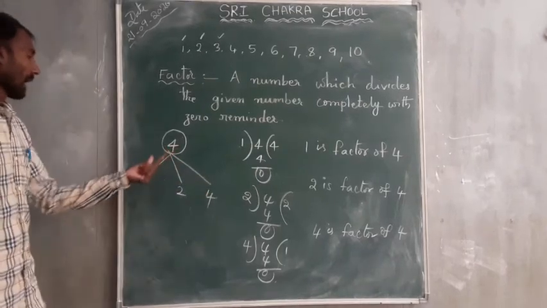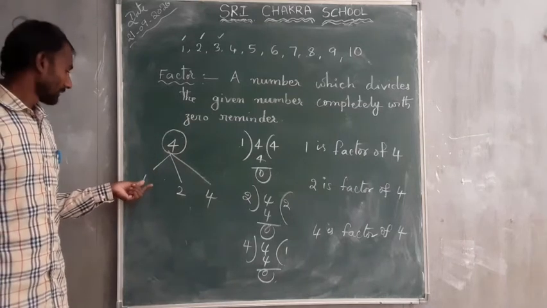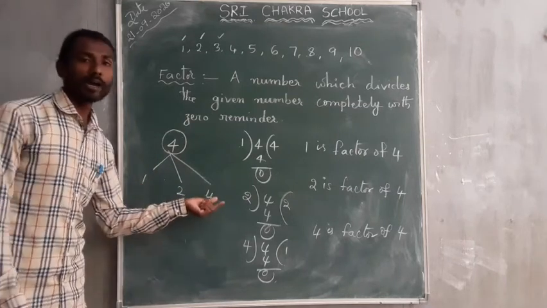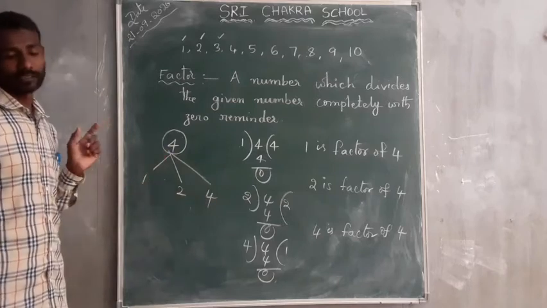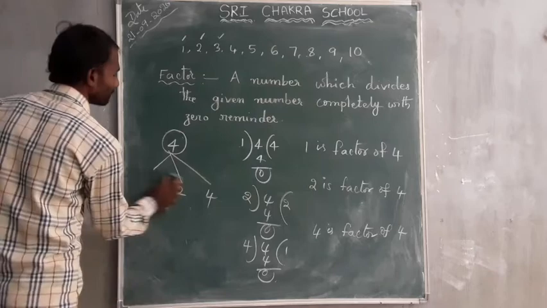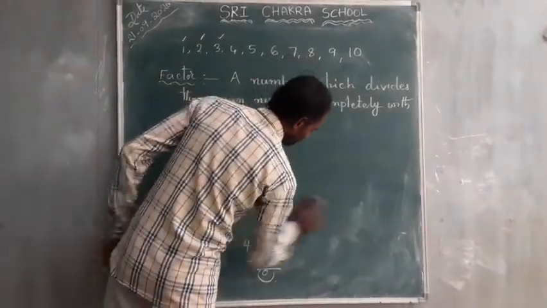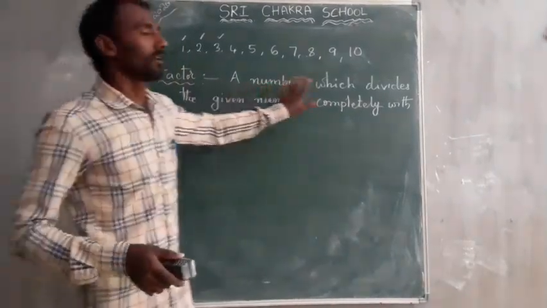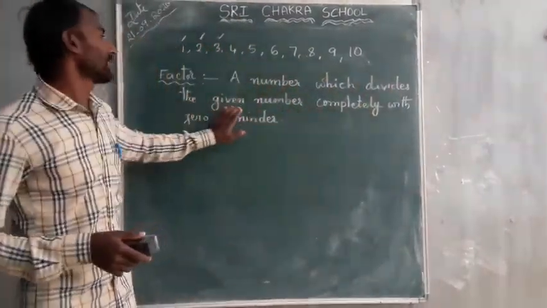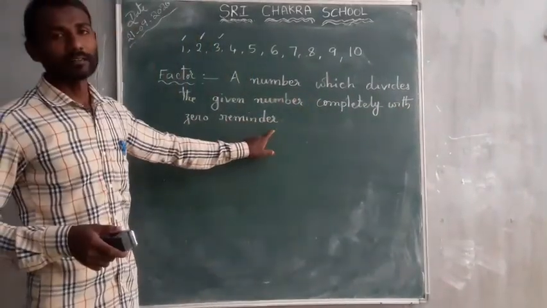So 4 has 3 factors. They are 1, 2 and 4. So once again remember, factor means a number which divides the given number completely with a 0 remainder.